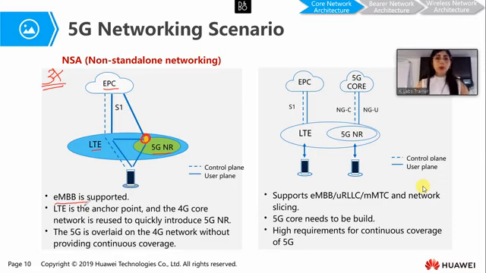But with the option 3 family, we can only support enhanced mobile broadband. So at this moment, we are providing only enhanced mobile broadband services, which are defined in release 15 of the 3GPP standardization, which is already frozen.